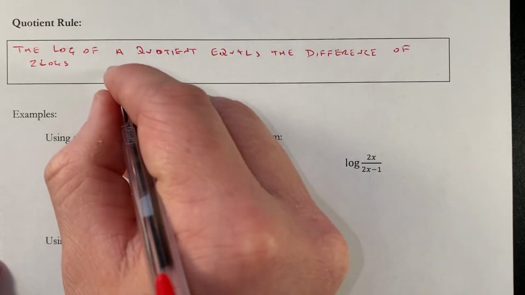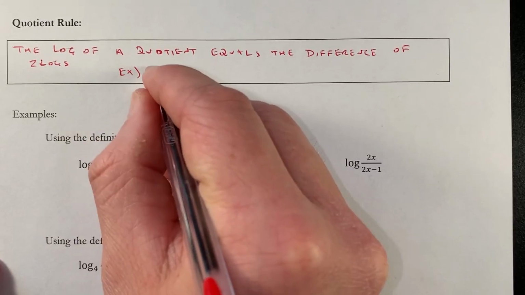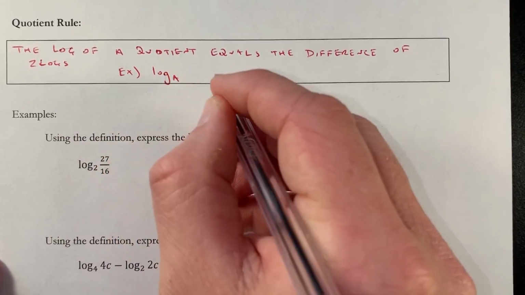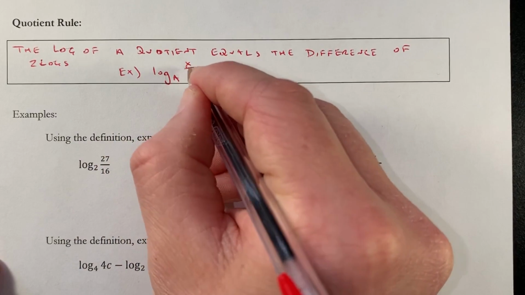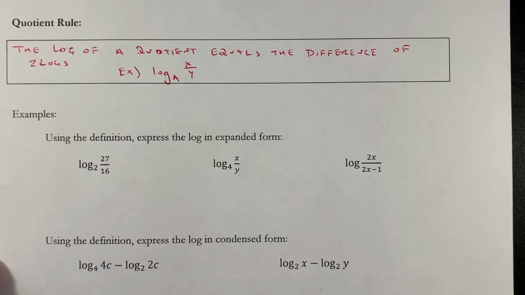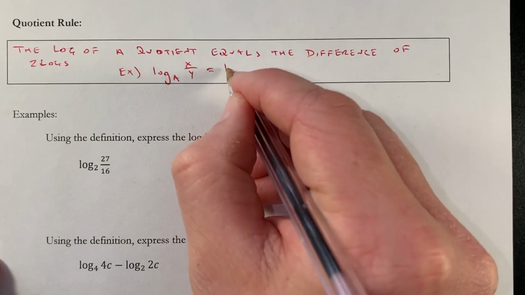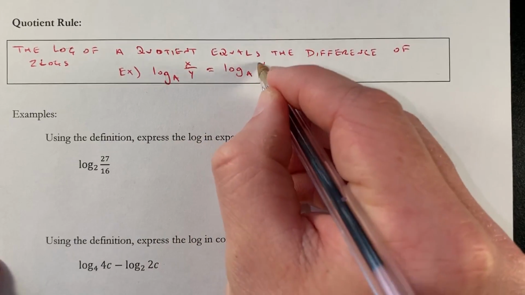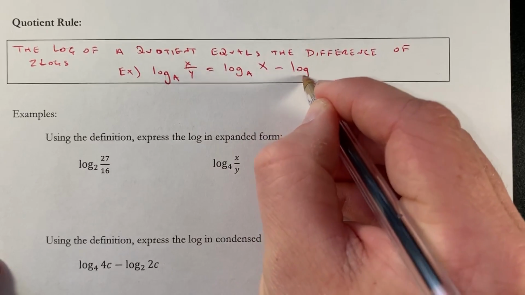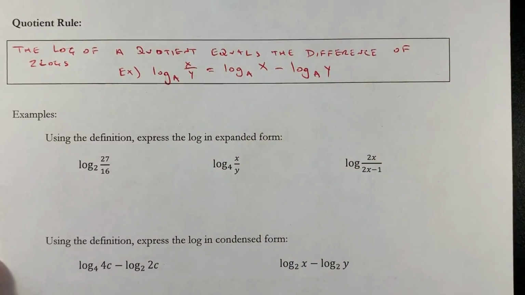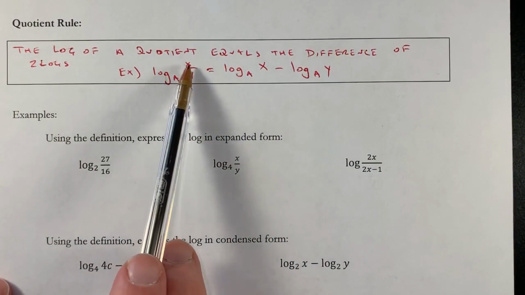Okay, for example, if you have log base a of x over y, so that's a quotient, division, that equals log base a of x minus log base a of y.